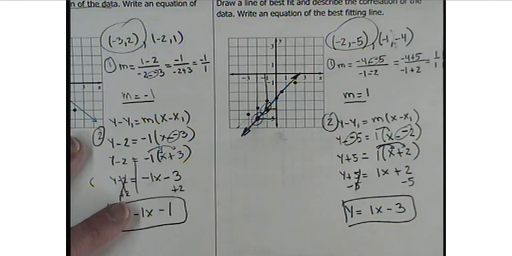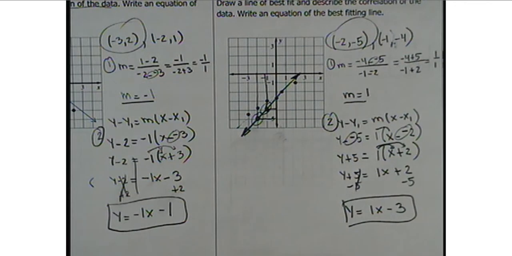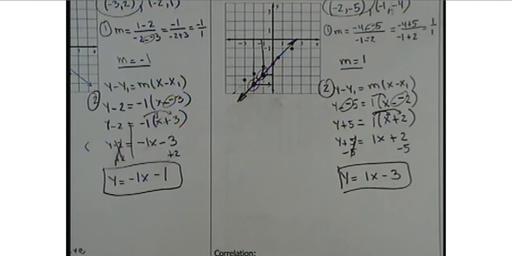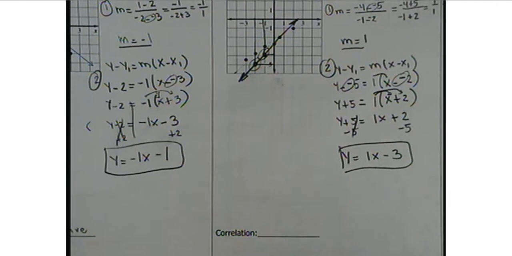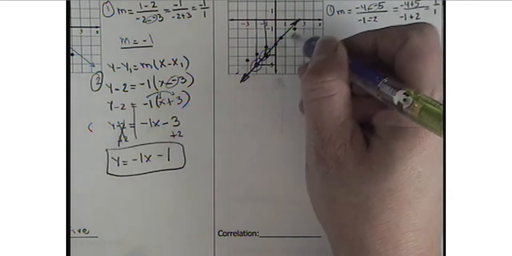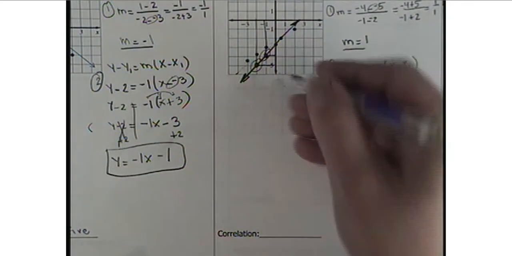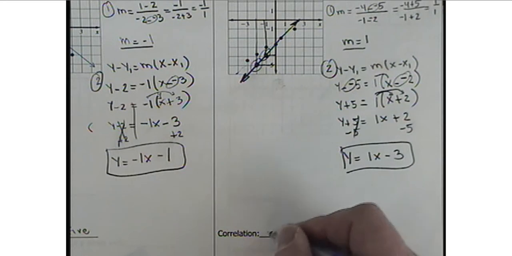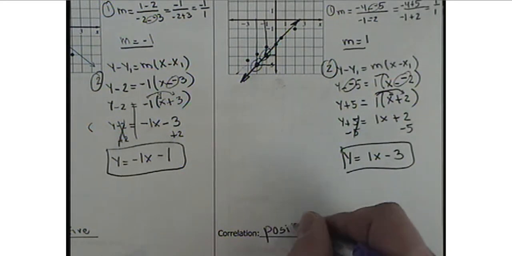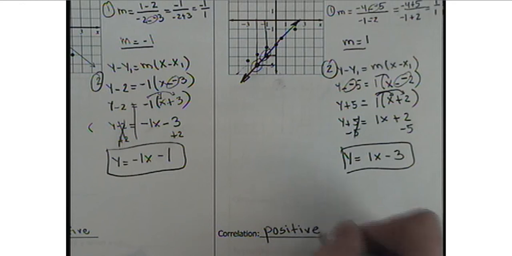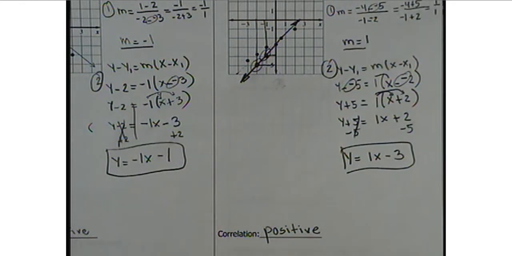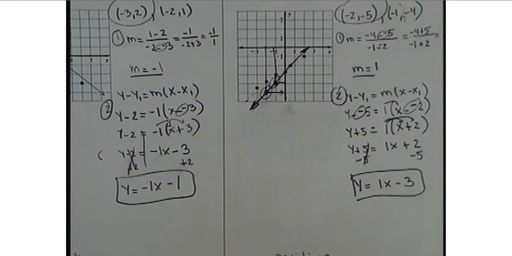That will be the equation of this best fit line. And the correlation, to finalize the problem, it goes up. If you put some more points or predict, you will see that the correlation is positive. It goes up from left to right, so positive correlation. And we just finished the example.